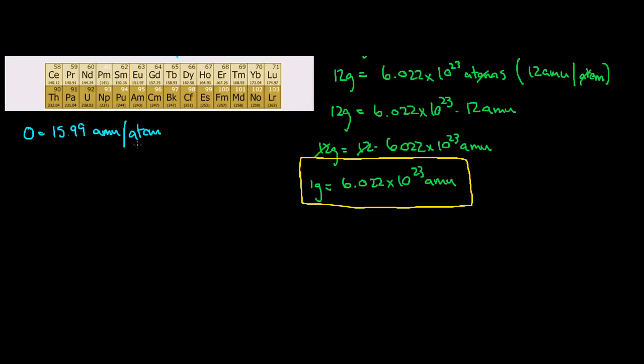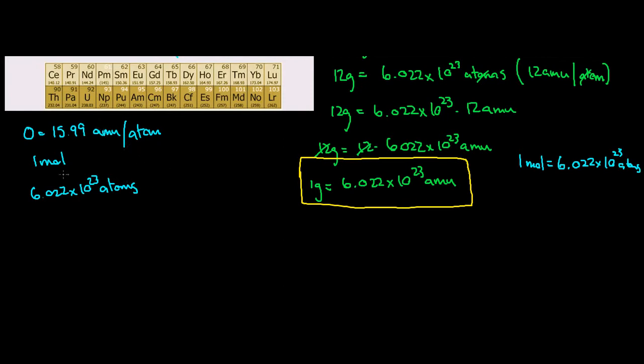And the standardized quantity is going to be the mole, which is, again, 6.022 times 10 to the 23rd atoms. So if I take 1 mole of oxygen at an atomic mass of 15.99, how am I going to get grams out of that? Well, I'm going to take 1 mole of oxygen, which is 6.022 times 10 to the 23rd atoms.